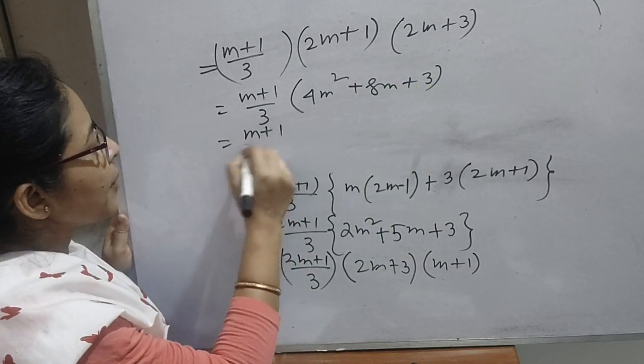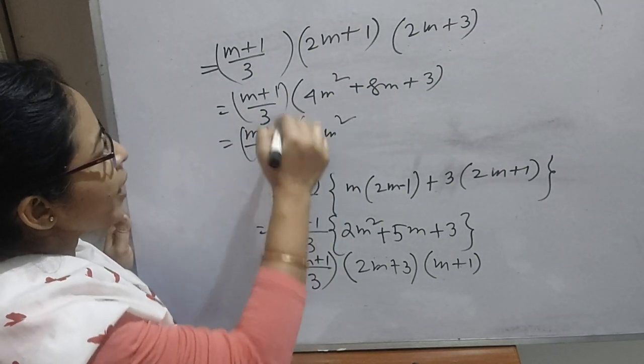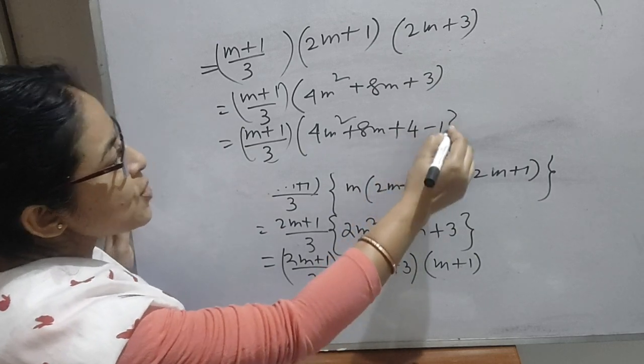This equal to (m plus 1) by 3 into (4m square plus 8m plus 4 minus 1).